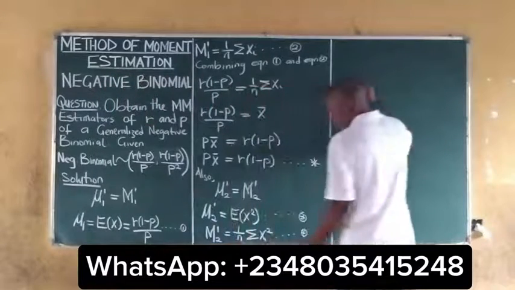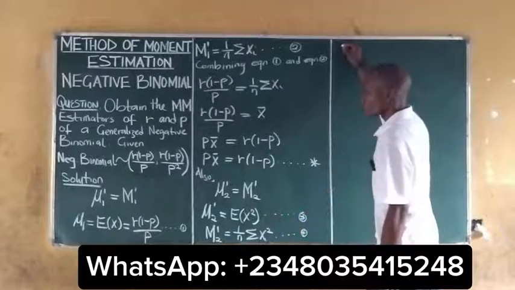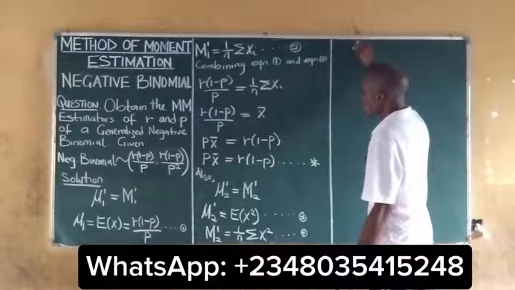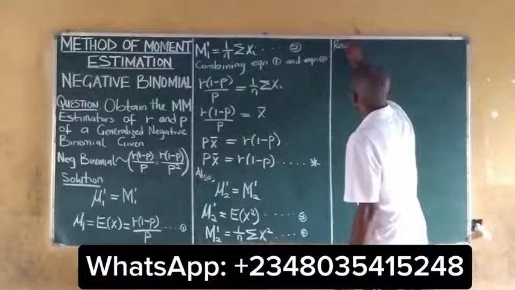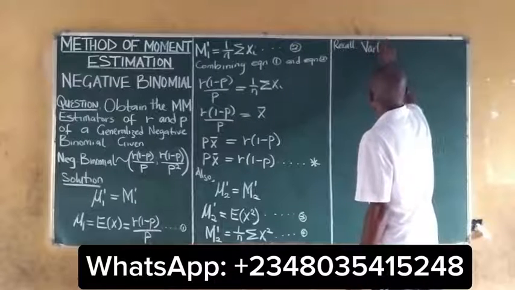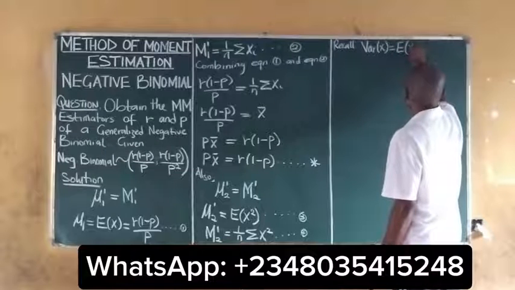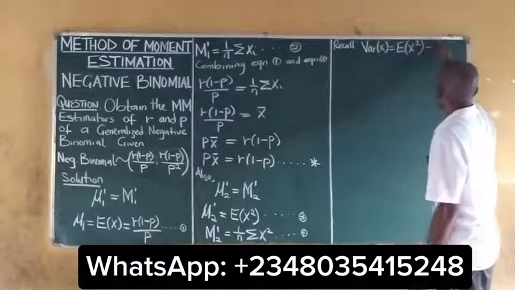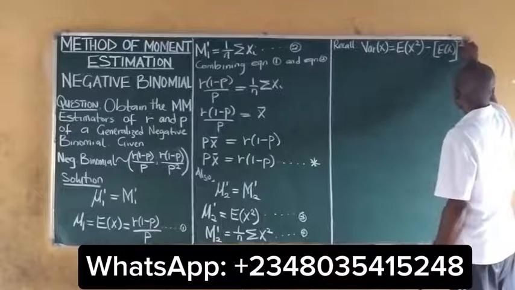We come over here. Of course, the expected value of x squared, we cannot get it easily. So we recall that the variance of x is equal to the expected value of x squared minus the expected value of x all squared.